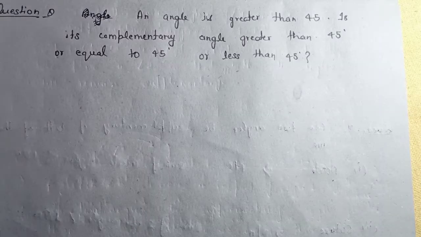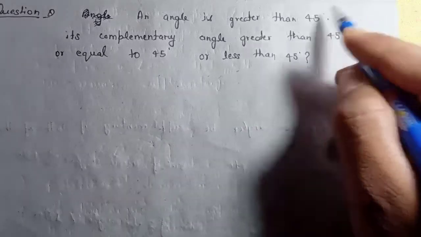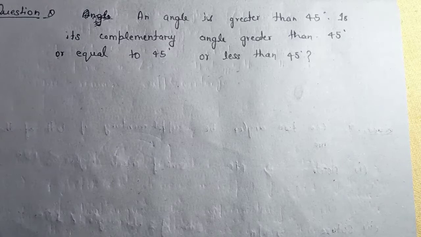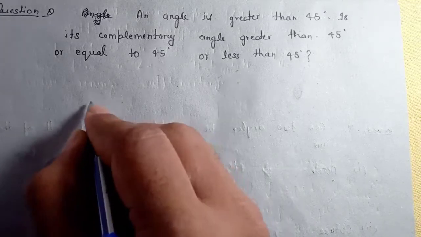Here we have question number 8. An angle is greater than 45 degrees. Is its complementary angle greater than 45 degrees, equal to 45 degrees, or less than 45 degrees? This is a very easy question.